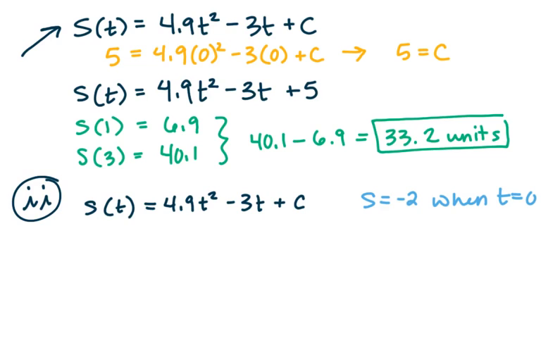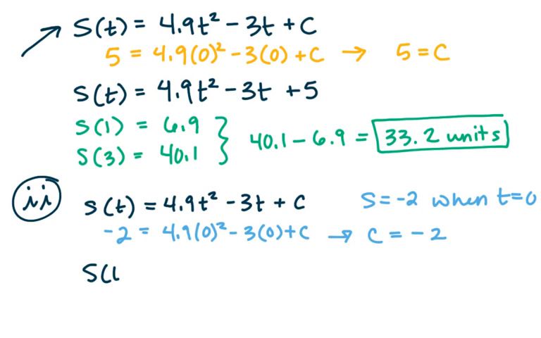And so having a different initial condition changes our problem, and it will change the displacement. So if I plug that in, -2 equals 4.9 times 0 squared minus 3 times 0 plus c, we're going to determine that c equals -2. So my position function, s of t, is 4.9t squared minus 3t, and here we would have minus 2.